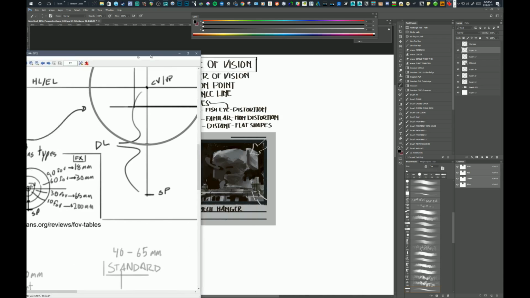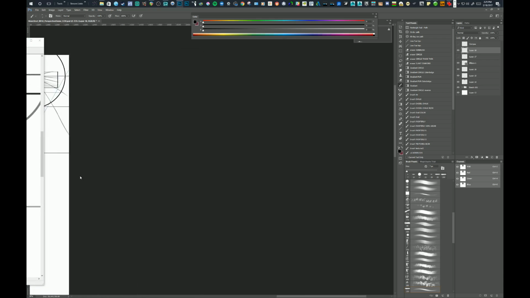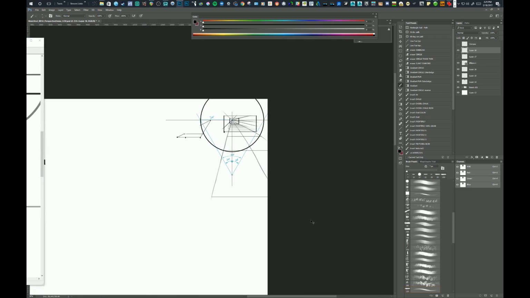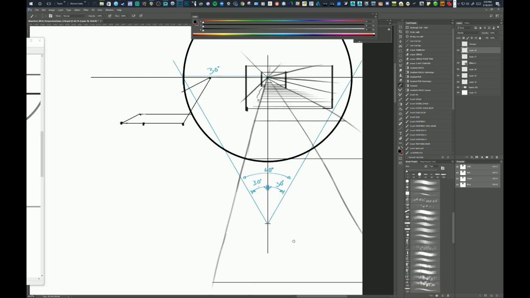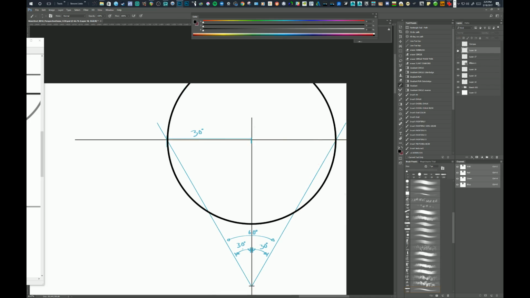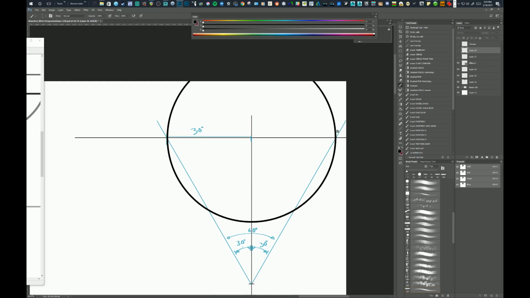So let's go ahead and apply this here. Let's just use this to give us what I'm talking about. If I know that this is a 60-degree cone of vision, that means that about halfway between the center of vision and the cone of vision is going to be a 30-degree cone of vision, right?